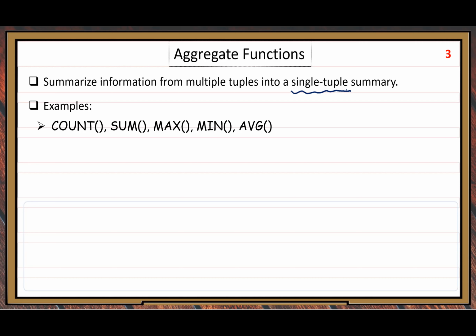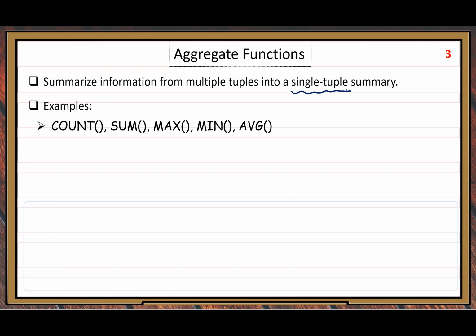For count, count is a little different from the remaining aggregate functions. For those remaining ones, the column, the attribute, is important. But for count, you can specify an attribute. That's one option. You can specify one attribute you want to apply it to. But there is another version.